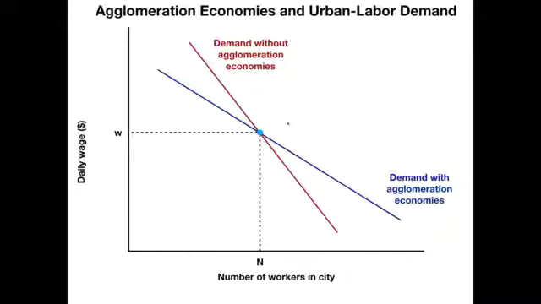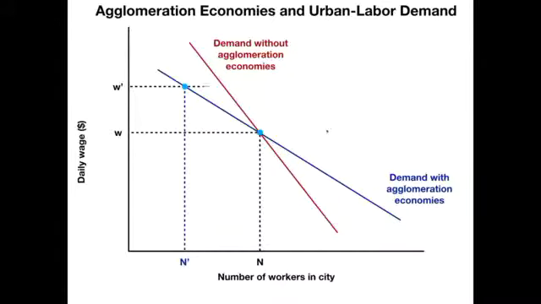So let's assume that there's a wage rate that is higher than the original wage rate W. If we increase the wage rate and move to the right, we get the number of workers demanded when agglomeration economies are present.